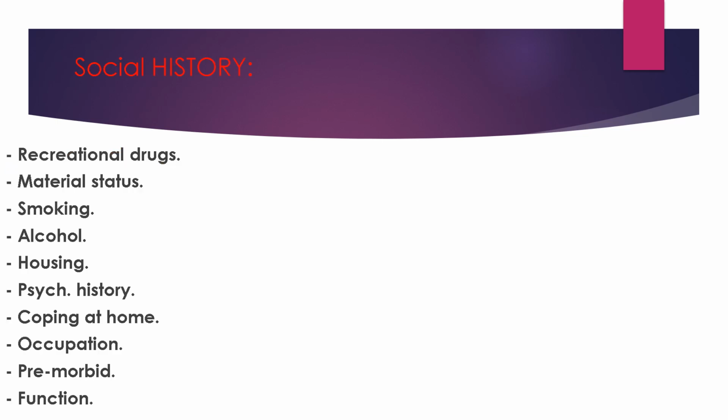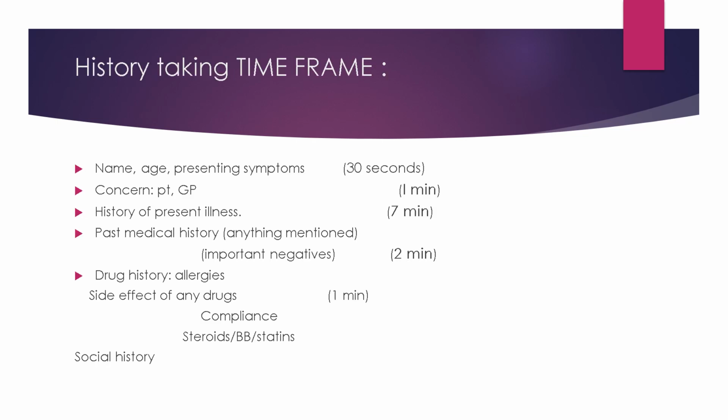The social history, we have to ask about the recreational drugs, the marital status, smoking, alcohol, housing, psychological history, if there is any anxiety or depression, coping with his disease at home or her disease, occupation, the pre-morbid condition, and the function. This will help you to put a plan for this patient later on.